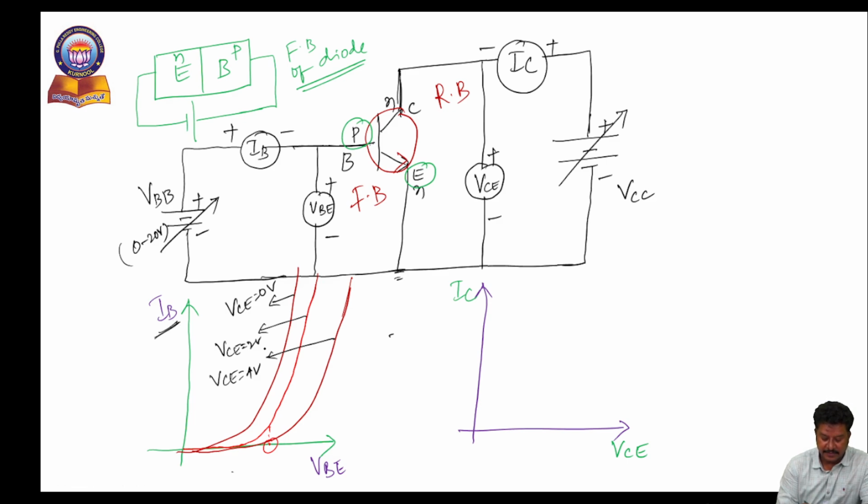As VCE varies from 2 to 4, we have to observe the variation in IB current. That is the case we have to understand. If you carefully observe, as VCE varies from 0 to 2 volts, IB current is decreasing.